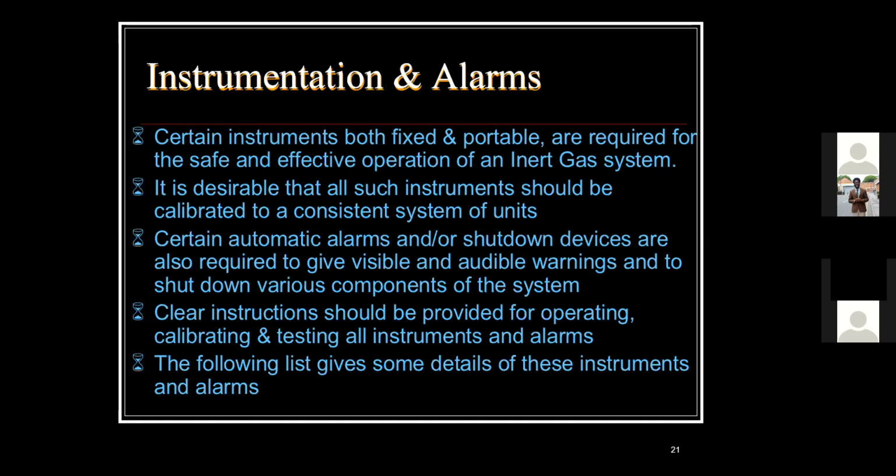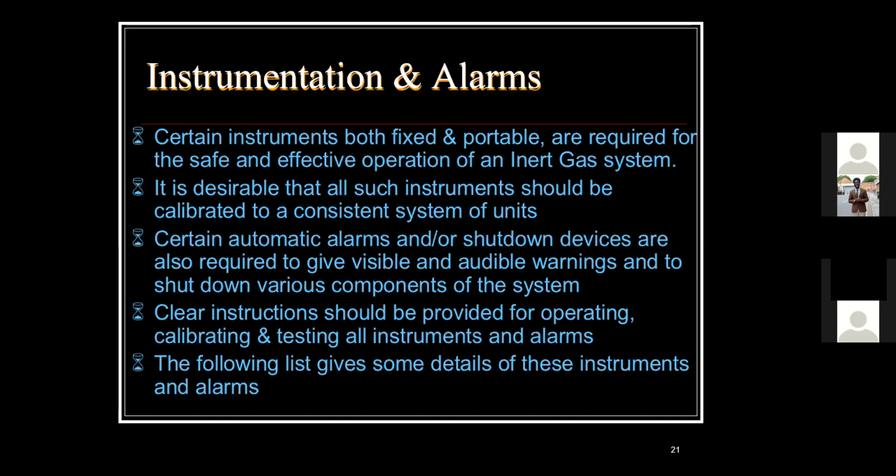What are the various alarms that it shows you? Failure alarm is generally there, number one. Then when you have high oxygen content, and when you have high hydrocarbon content.